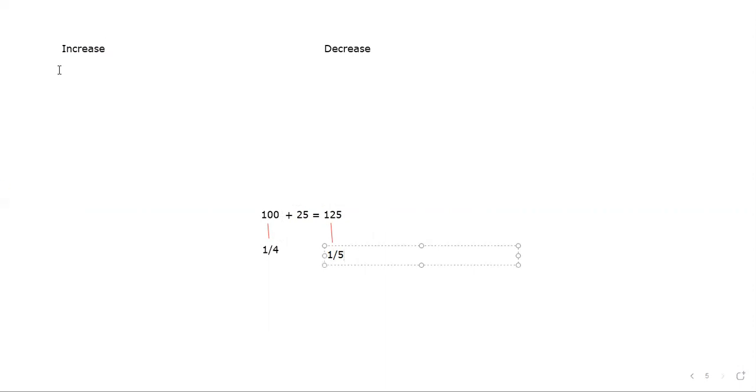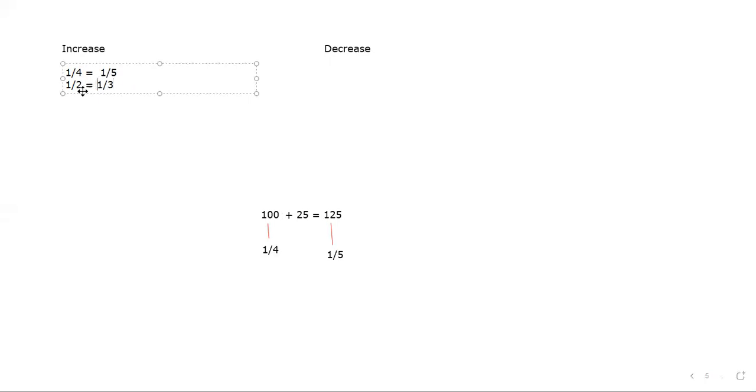So now how can you do it? If the increase is 1/4, that will be equal to a 1/5 decrease in the new figure. Similarly, if it is 1/2, then it would be equal to a 1/3 decrease of the new figure.